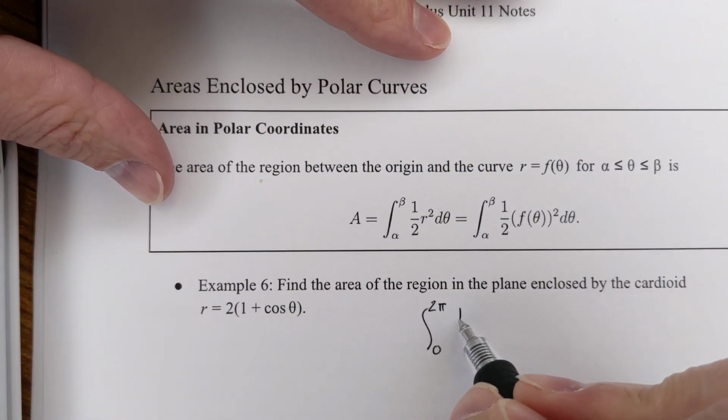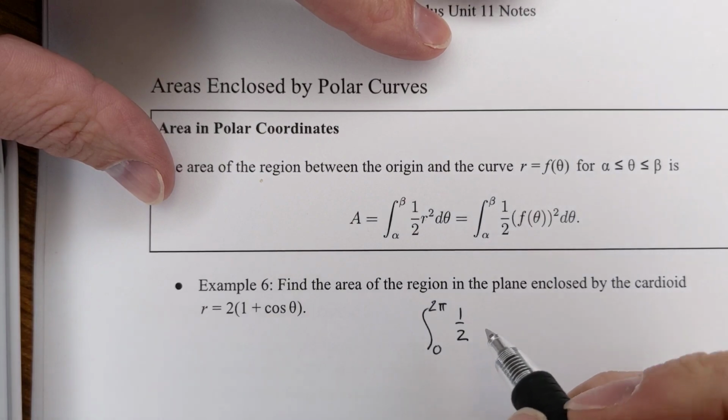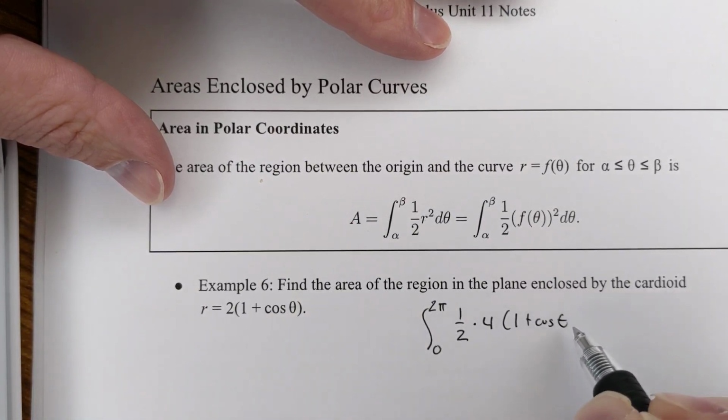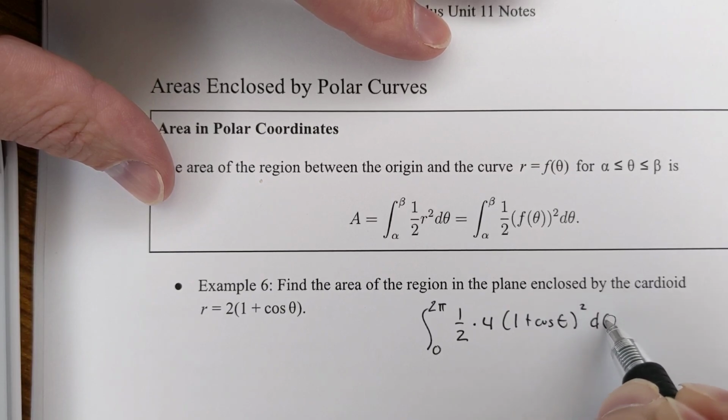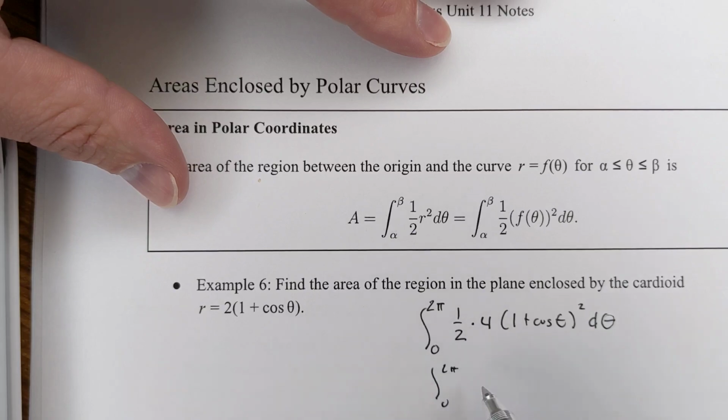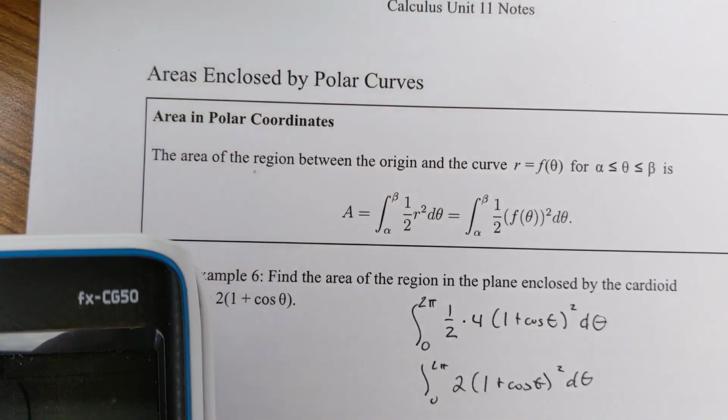So 1/2, and if we square this, we get 2 squared is 4, 1 plus cosine theta quantity squared, d theta. So this would be the same thing as the integral from 0 to 2 pi of 2 times 1 plus cosine theta, squared, d theta.